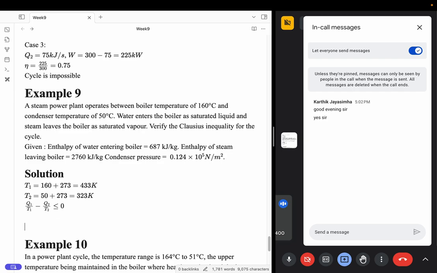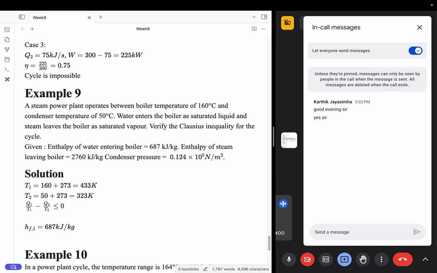So what are the enthalpies that are given? The inlet of the boiler is given as 687 kJ per kg. That is in the liquid state. Similarly, in the vapor state is given the outlet of the boiler, H2. It's given as saturated vapor, so H2 is 2760.